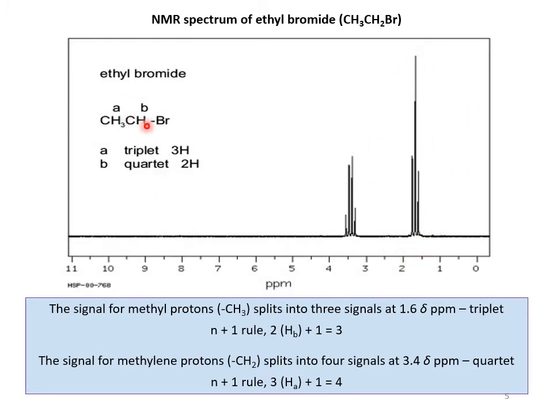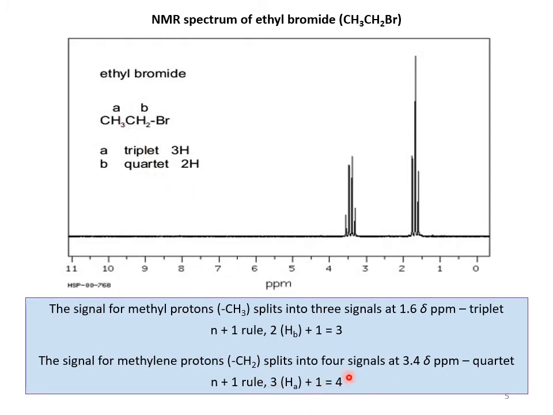And coming to the signal for the methylene protons, the methylene protons split into four signals. Why? Because the methylene protons are present adjacent to the methyl carbon having three hydrogens. Therefore the number of hydrogens present on the adjacent carbon atom for this methylene proton is 3.